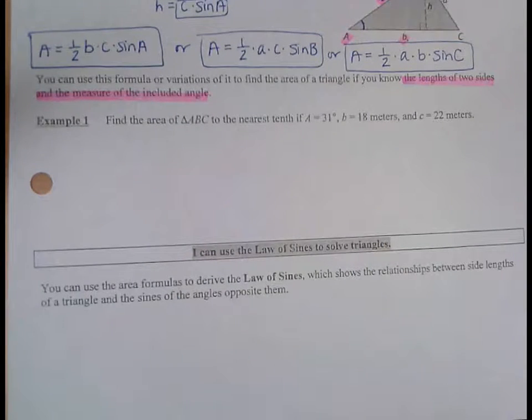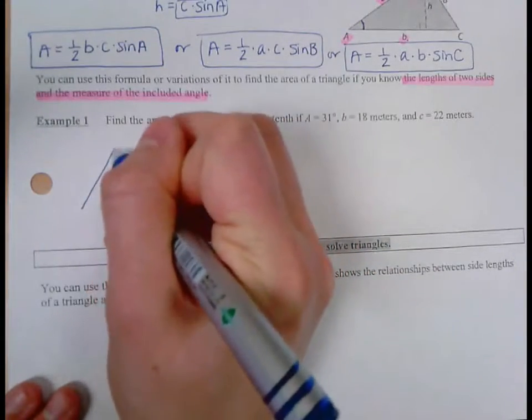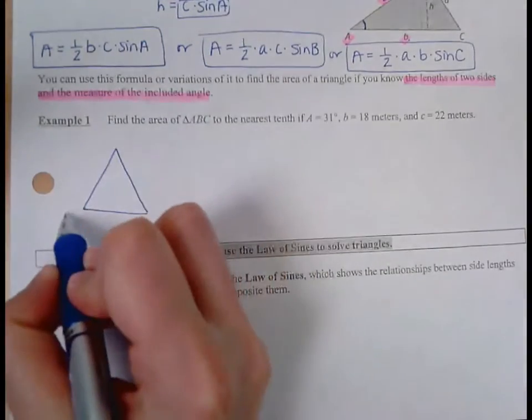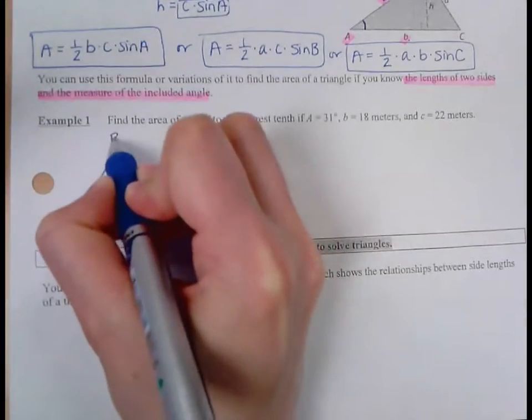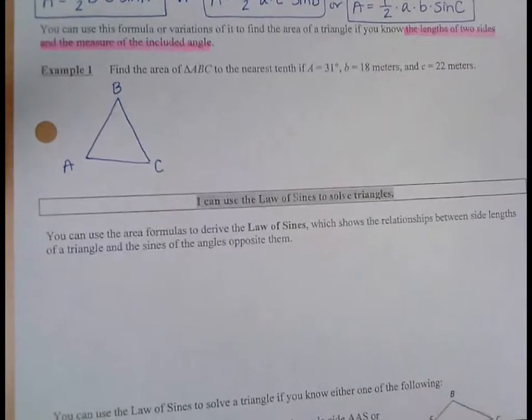But any triangle they're describing to you in this section and the next, if it's not drawn for you, I recommend drawing it. So if I were just to draw a triangle ABC, just draw a triangle, label the angles ABC. Remember, angles are usually labeled with capital letters.